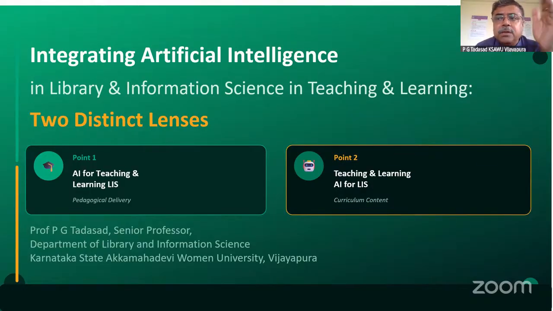But now, coming back to this question again, integrating artificial intelligence in library and information science in teaching and learning. Already there is one discussion going on. There is one group which is claiming that the present LIS teachers are not well versed even to handle computer courses.